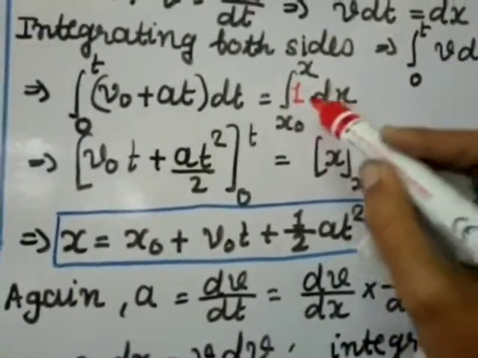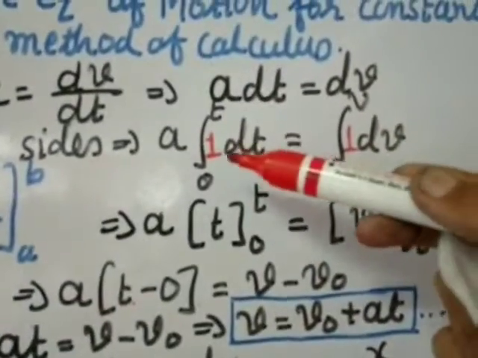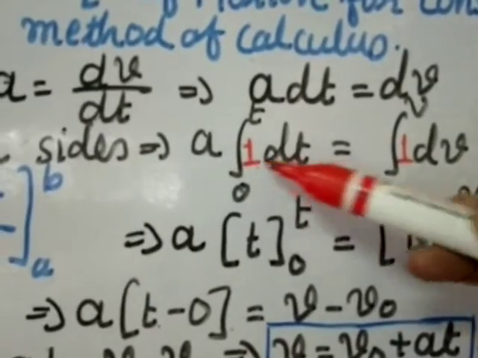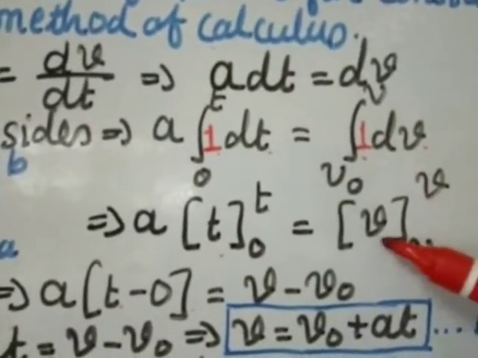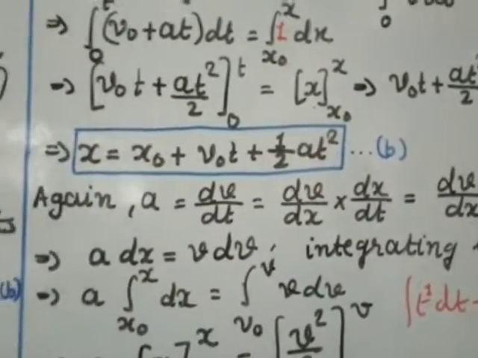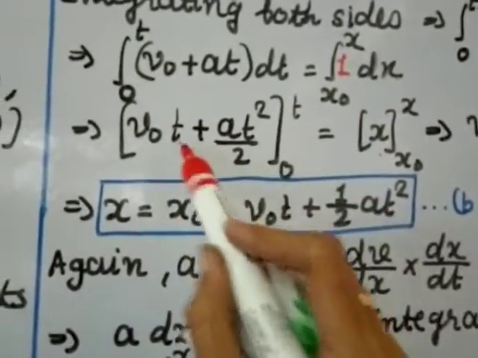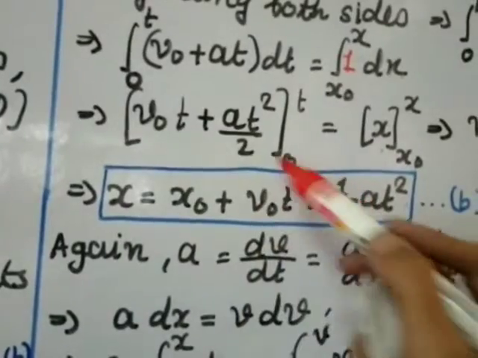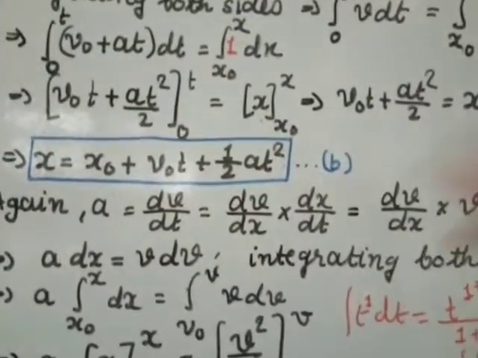Now integral of 1 with respect to x will be x. Why? You can look at here also. Integral of 1 with respect to t is t. Integral of 1 with respect to v is v. Similarly, integral of 1 with respect to x is x, or you use that formula x power 0. Now let us apply the upper limit and the lower limit. Here when you apply the upper limit, the same value comes, but when you apply 0, it will be 0, so we don't need to write.